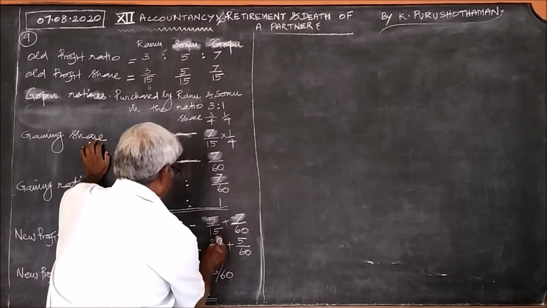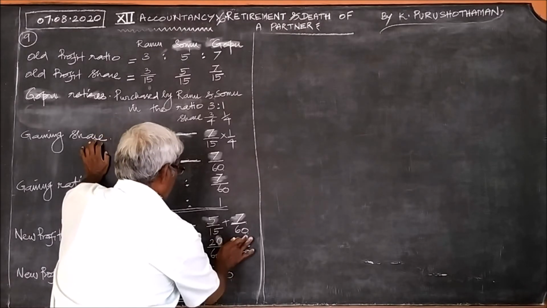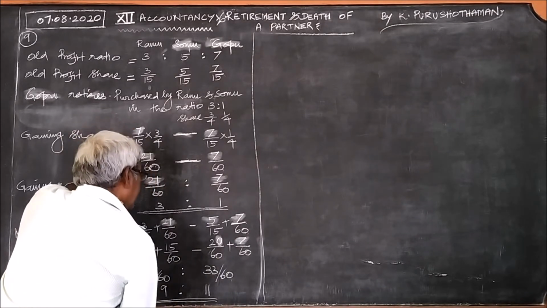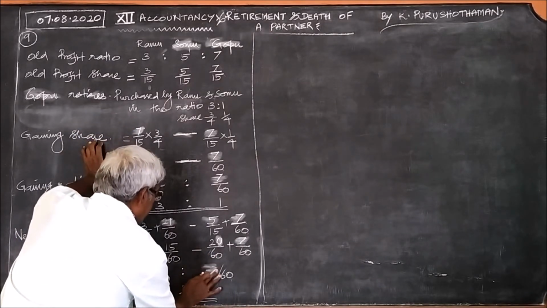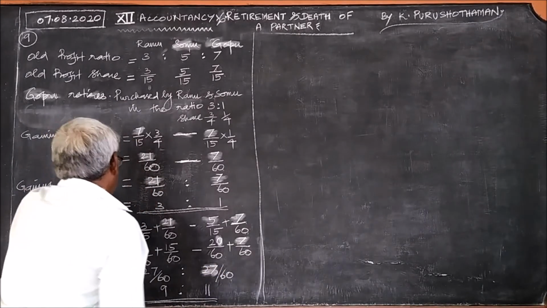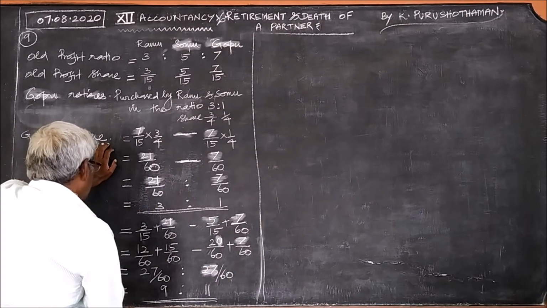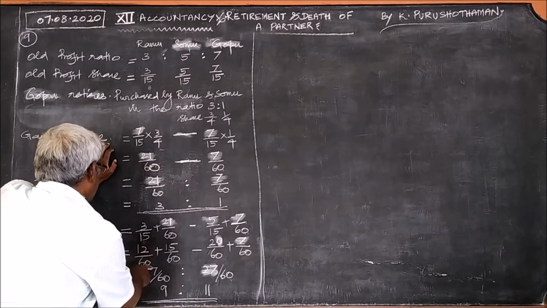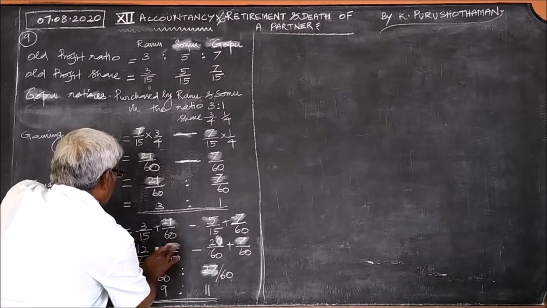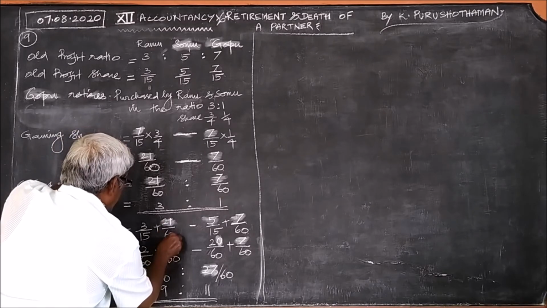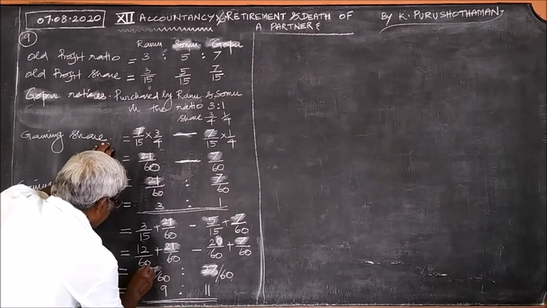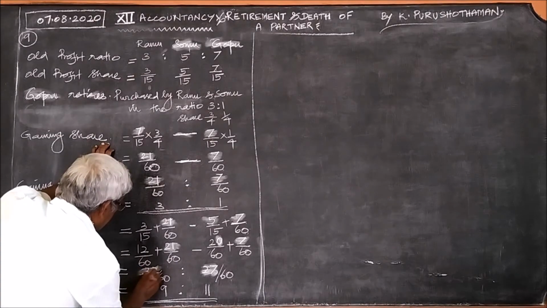This is the correction I should make. This is 7, so it is 27/60. And here 4 15s are 60, 4 3s are 12. Here I should write 21/60, so it is 33/60.